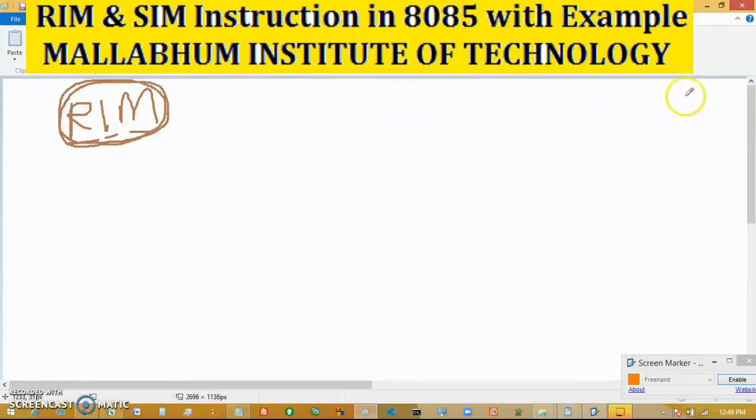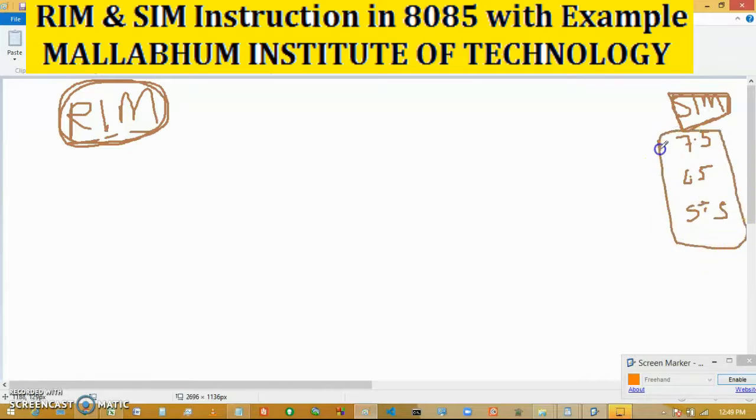We give the interrupt lines with the help of the SIM instruction. That means we are enabling all the interrupt lines. Suppose we are enabling 7.5, 6.5, 5.5, all interrupt lines are available, and service requests for all interrupts come at the same time. According to the priority, one interrupt service is going to happen, and these two are pending.